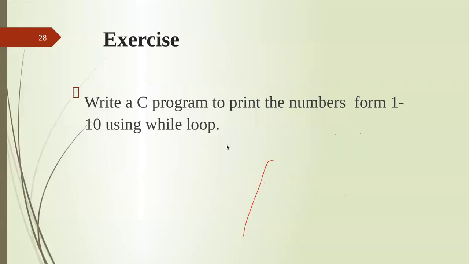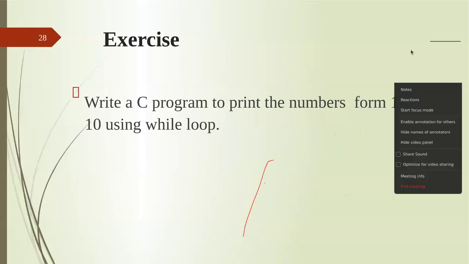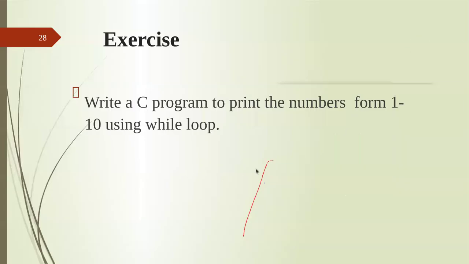Try this, okay? Numbers from 1 to 10 using a while loop. While x comma 3.